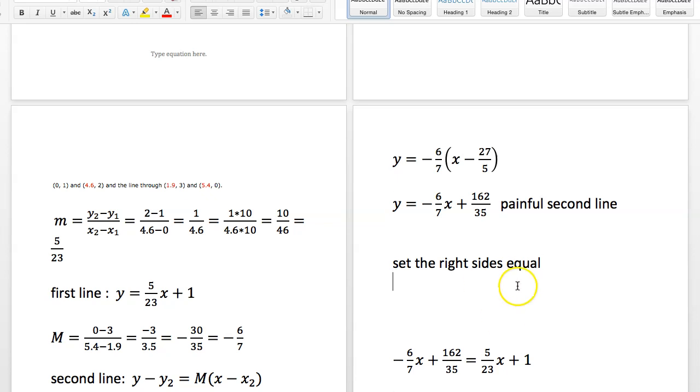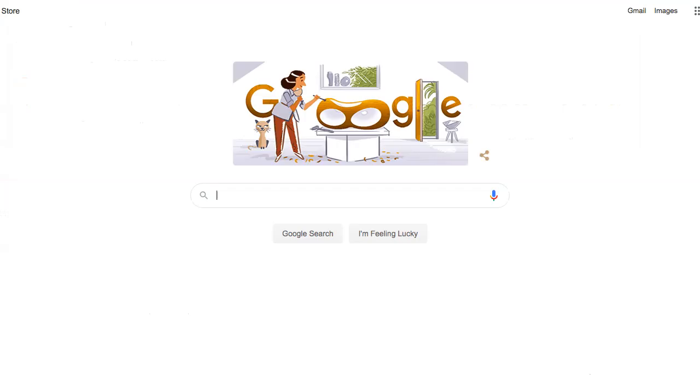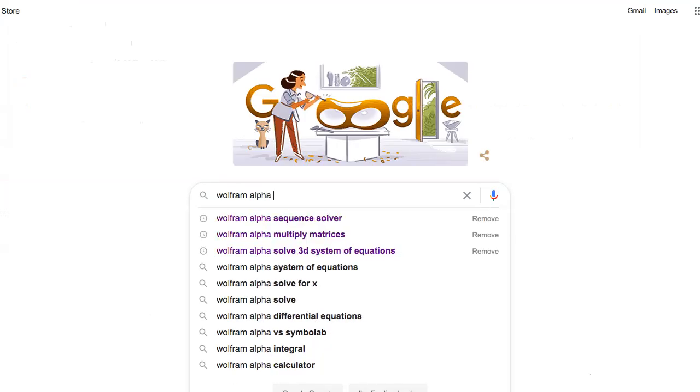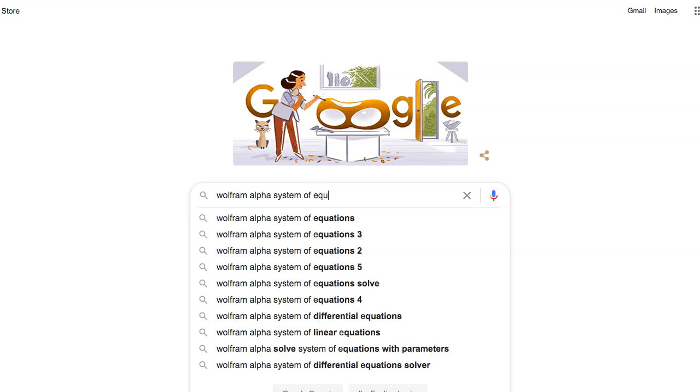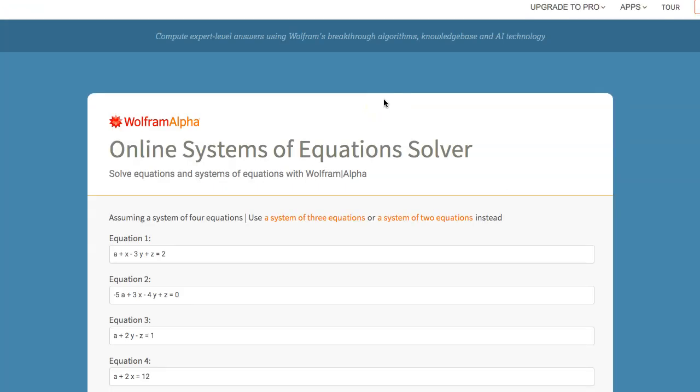So let me go to Wolfram Alpha, system of equations. I'm going to have this video up real soon. Wolfram Alpha, I don't see what's wrong. System of equations. Neg 6/7 x plus 162 over 35.